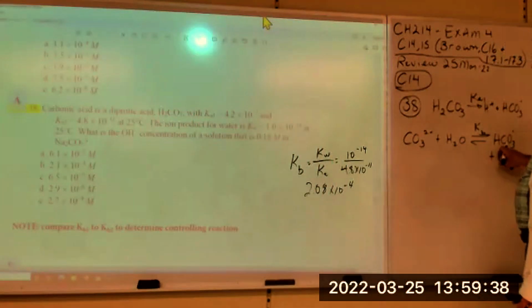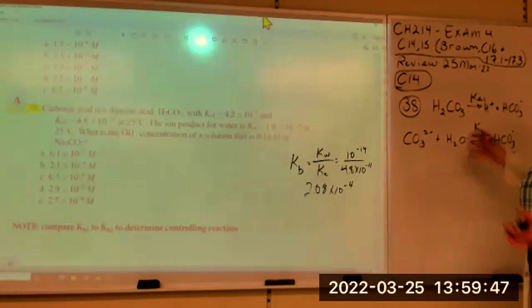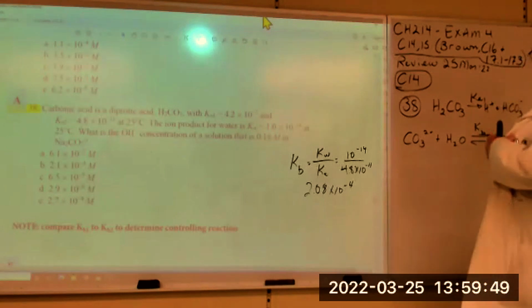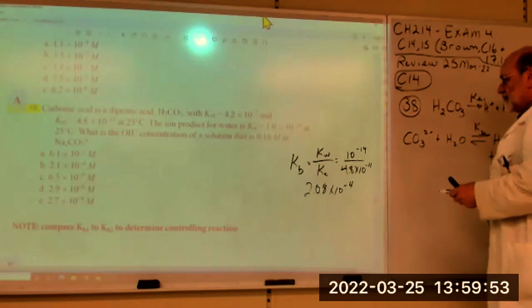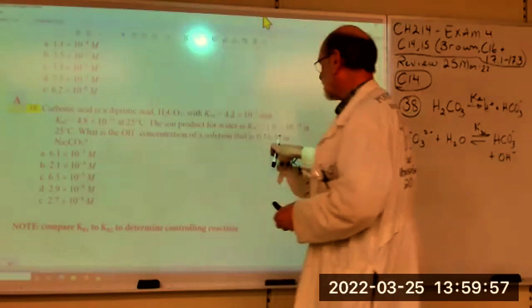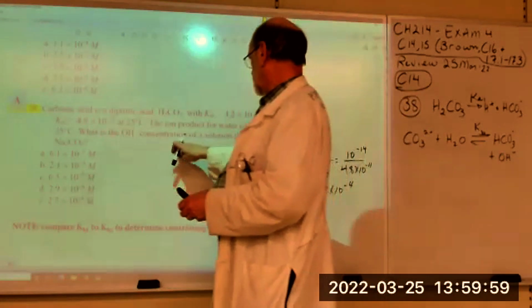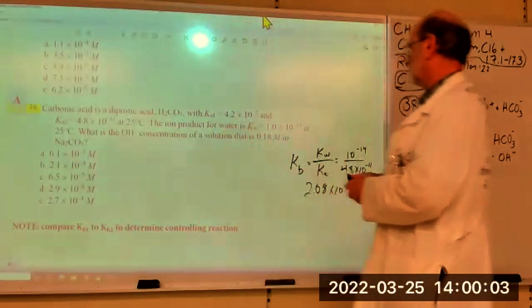Now, once we get to this point, who's to say we don't want to go back that way? Well, we got to do one at a time anyway. So let's set up a table. 0.18 molar in sodium carbonate.